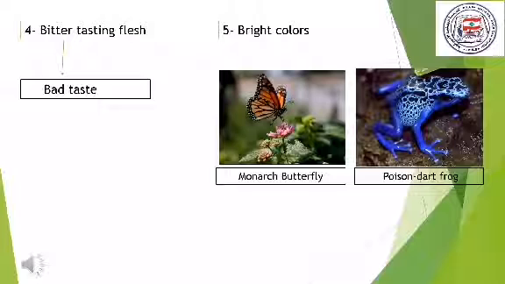Bitter tasting flesh. Some animals have a bad taste, so this is also a way to protect themselves from predators. And other animals have bright colors like the monarch butterfly and the poison dart frog, so they warn the predators that they are poisonous.